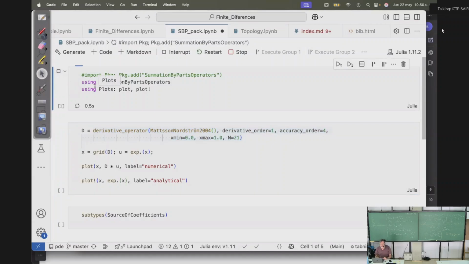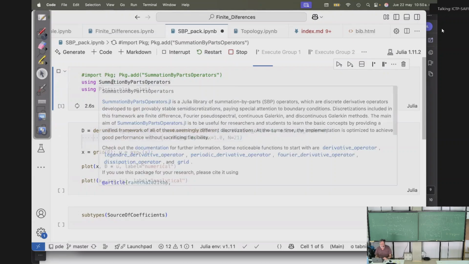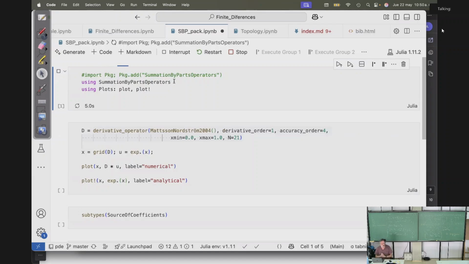Here we are using this library, summation by parts operators. Remember, I used it the other day.